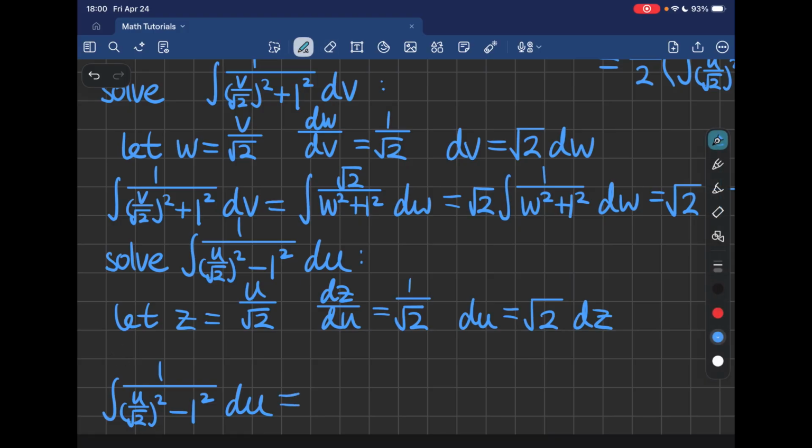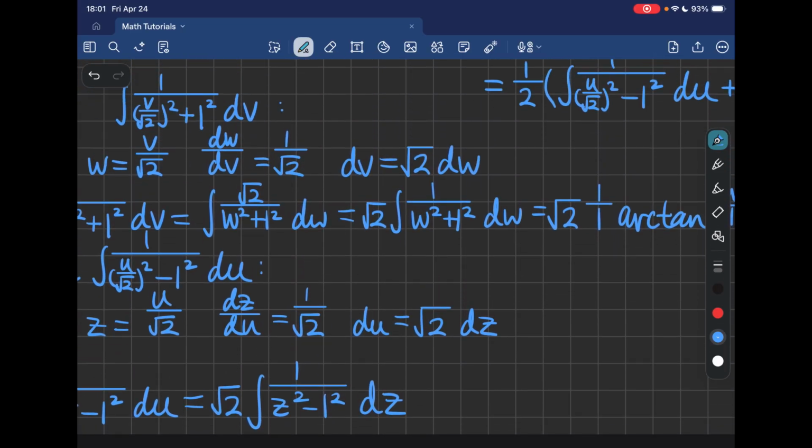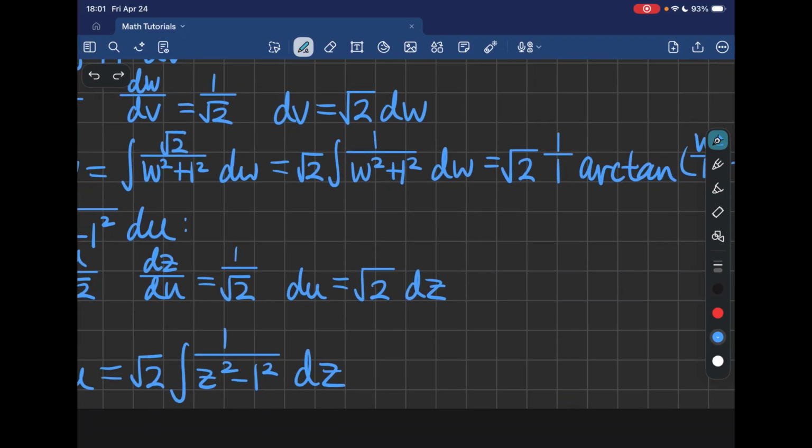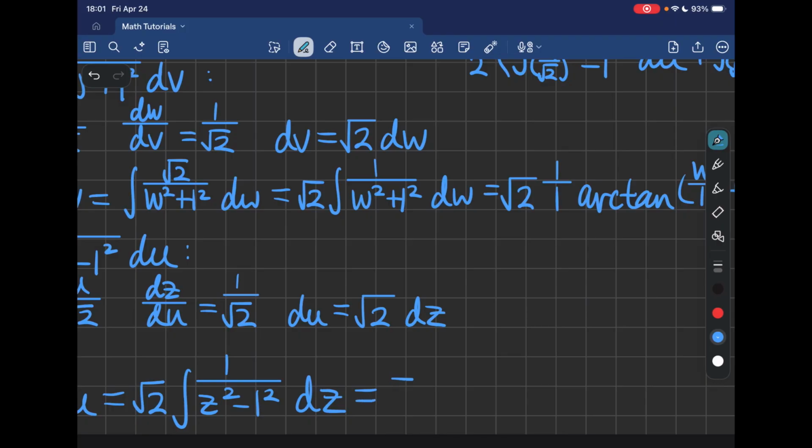So this is just, let's take square root of 2 outside, and that's just 1 over z squared minus 1 squared dz. Right, and remember in partial fraction decomposition, we want to factor this, right? So this is just a squared minus b squared, that equals a plus b times a minus b.